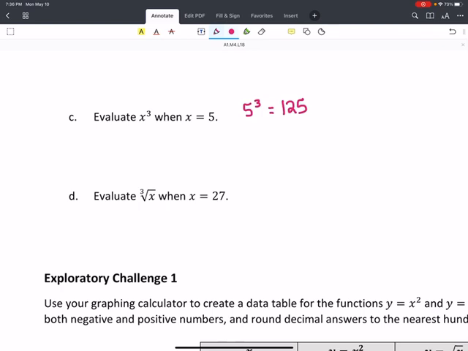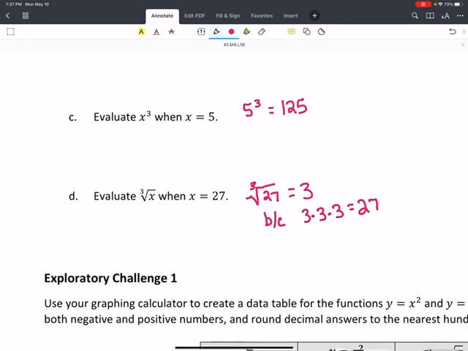Okay, so what would we multiply by itself 3 times to get 27? Well, the cube root of 27 is 3, because 3 times 3 times 3 equals 27.